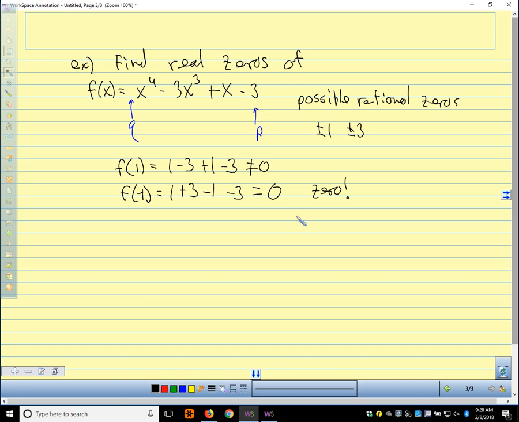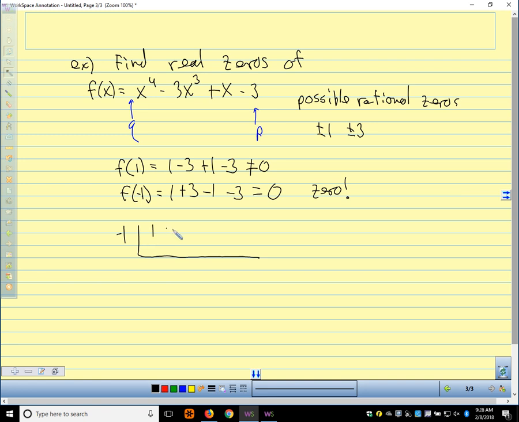So now we're going to do our synthetic division. This is similar to the last one. It's nice when plus or minus 1 is a 0. If plus or minus 1 isn't a 0, then we go on to plus or minus 3. I do synthetic division after that to test it. All right, so we know if we do synthetic division by negative 1, we should get a 0 remainder.